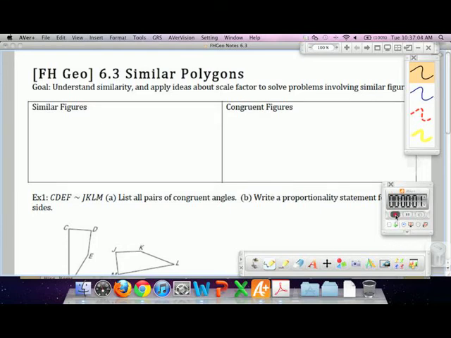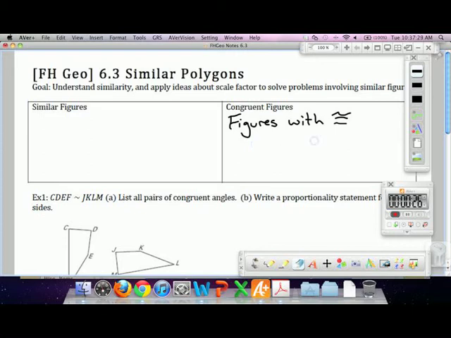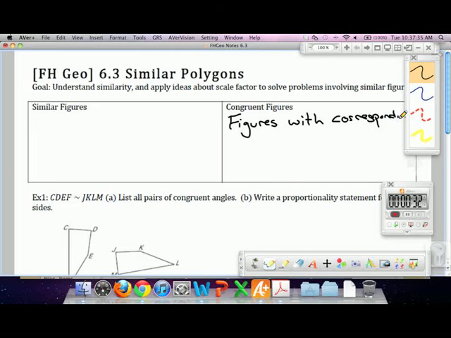Up until this point, we've looked at what are called congruent figures, which from the past we've seen are figures with congruent corresponding sides and angles.